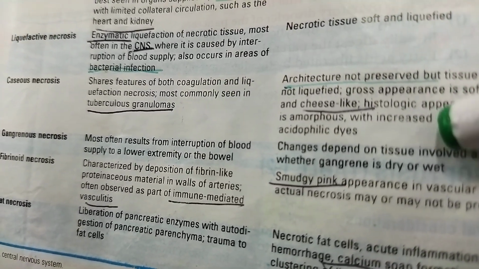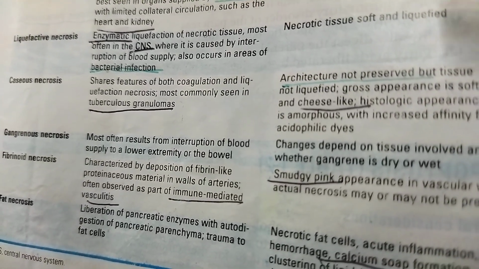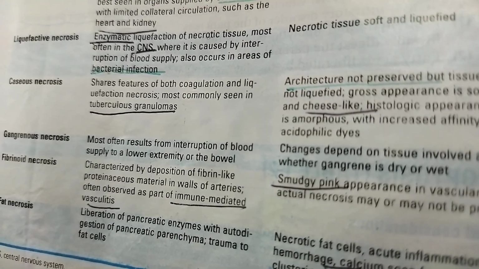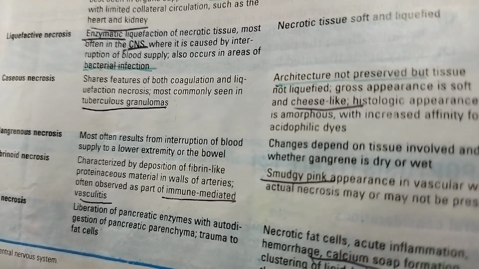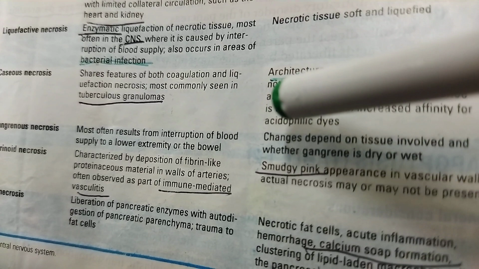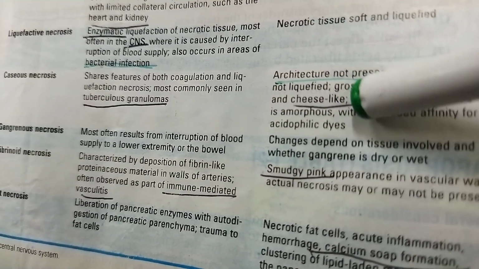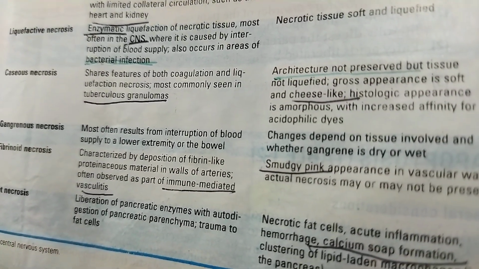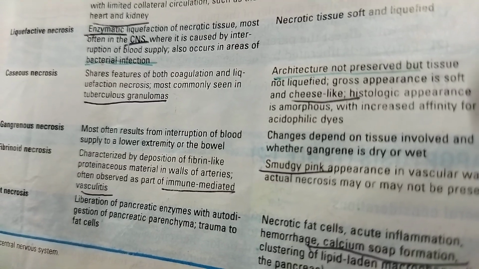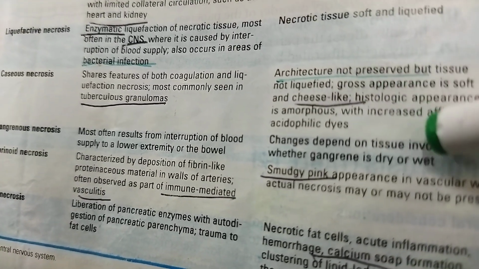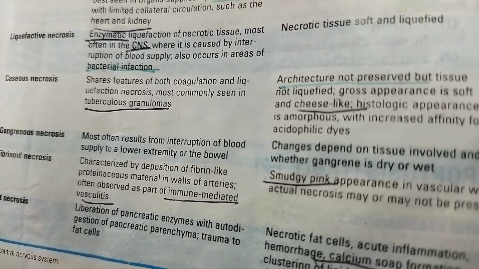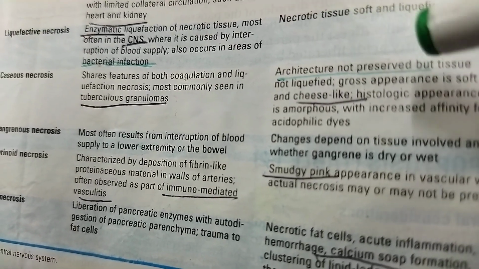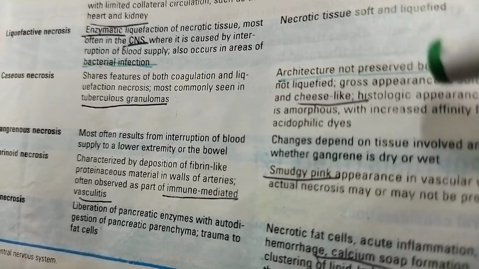But tissue is not liquefied, so it is also unlike liquefactive necrosis where there is liquefaction. Gross appearance is soft and cheese-like. It is an important MCQ. Cheese-like appearance occurs in which type of necrosis? The answer will be caseous necrosis. Histologic appearance is amorphous with increased affinity for eosinophilic dyes. Caseous necrosis. Okay.